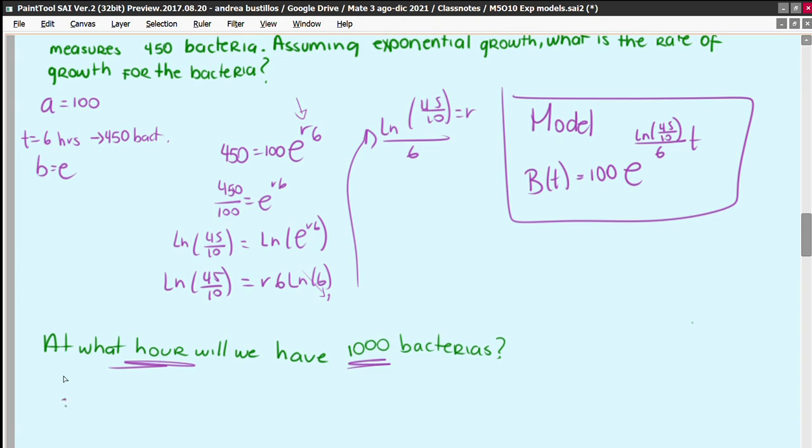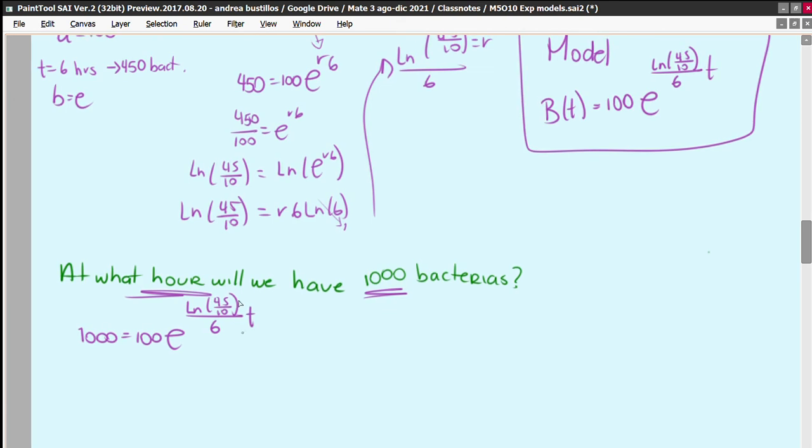So 1,000 bacteria are going to happen when we solve this equation. And to solve this equation, as usual, first the unknown is in the exponent, meaning we have to solve for t.